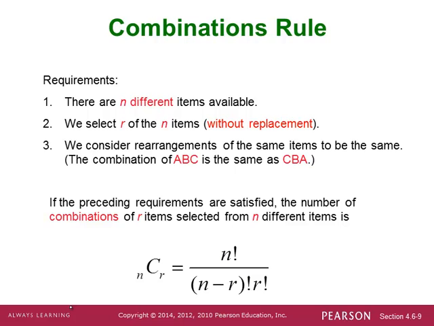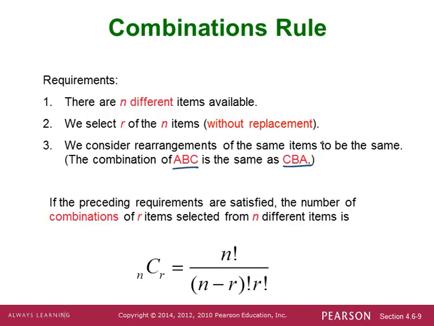Now, if when you rearrange the items in your selection it doesn't matter that you rearrange them, then that rearrangement's not going to matter. If you, for example, have selected 3 tiles from your Scrabble bag and you get ABC, well, as far as I'm concerned, in the game of Scrabble, ABC is the same thing as CBA.